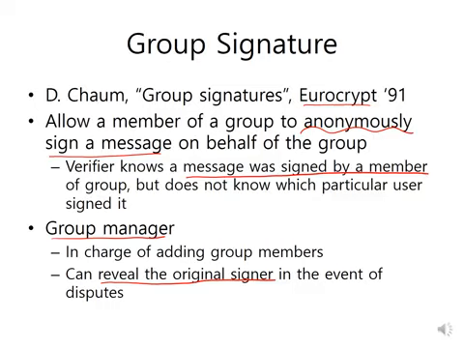But only the group manager can reveal the original signer, and any other users inside or outside of the group cannot reveal the original signer. So this is the concept of the group signature, and its main advantage is to provide an anonymous sign mechanism. So this is a group signature.